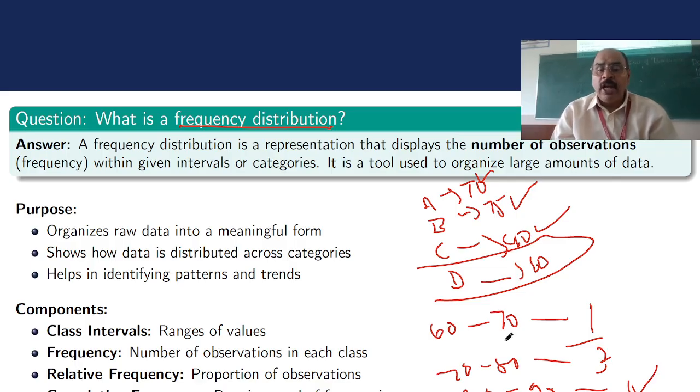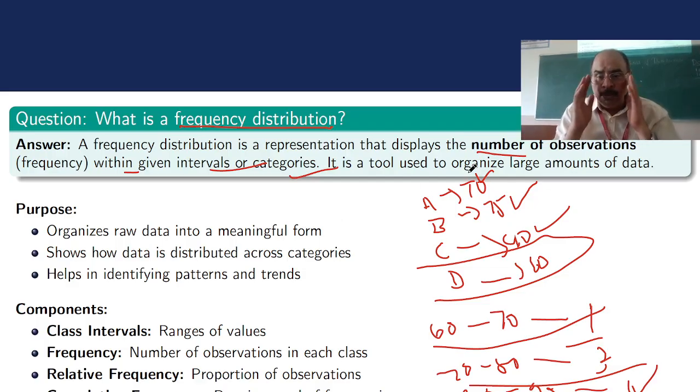But here I cannot know the marks of individual students, I can only know the number of students who have scored marks in a particular range. So you display the number of observations within a given interval or category. This is used to organize large amounts of data.